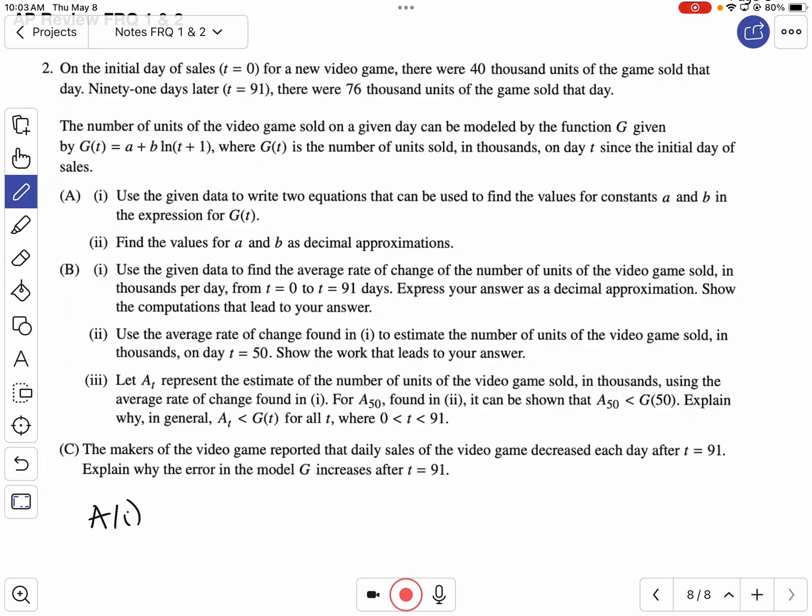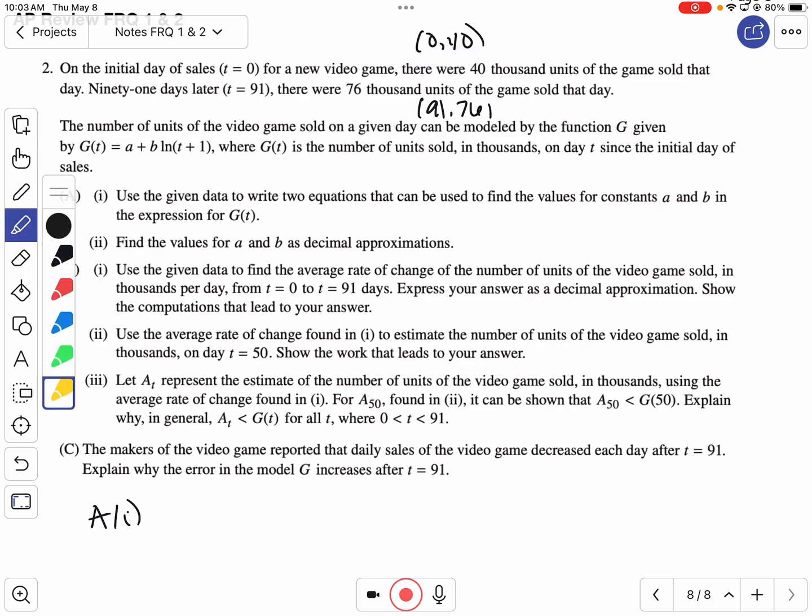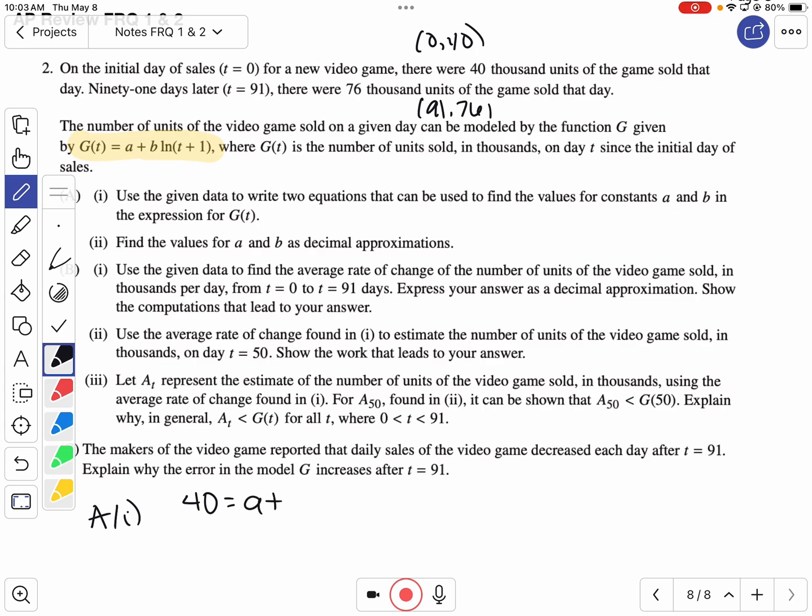is always going to ask you to put in some values that you have to write two equations, okay? So we're going to put in what they told me. They gave me the ordered pair 0, 40 and the ordered pair 91, 76. So if I put that into that g equation that they gave me, my first equation, 40, would equal a plus b ln of 0 plus 1.